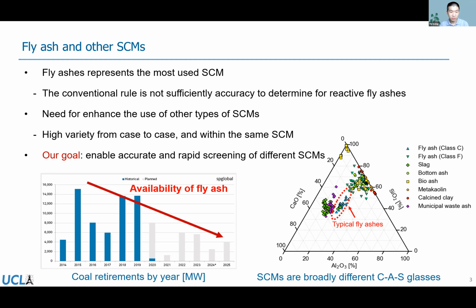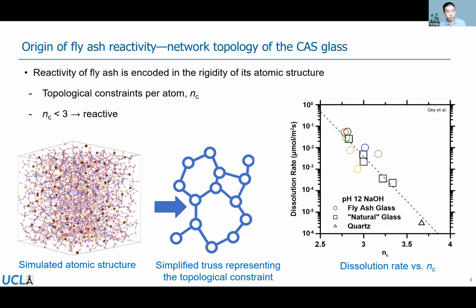So in our study, what we really hope to achieve is to enable a meaningful screening for the use of different types of SCMs in concrete production. By meaningful screening, it is not only about the accuracy of the technique, it's also about the timing of the technique.